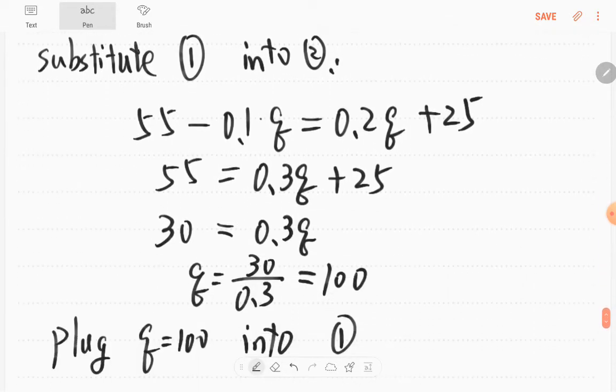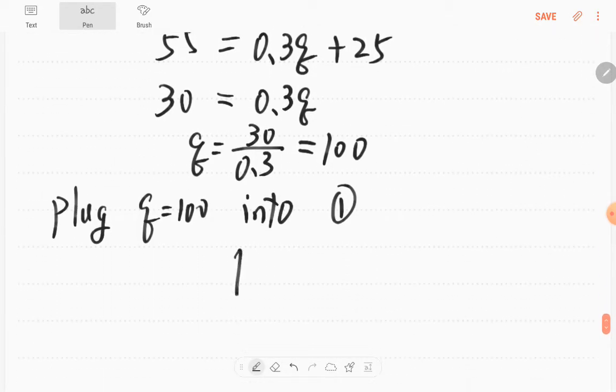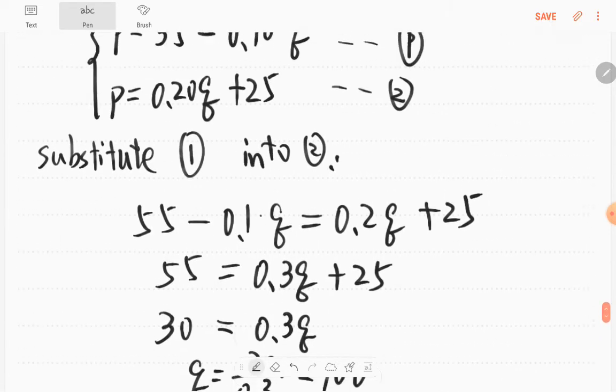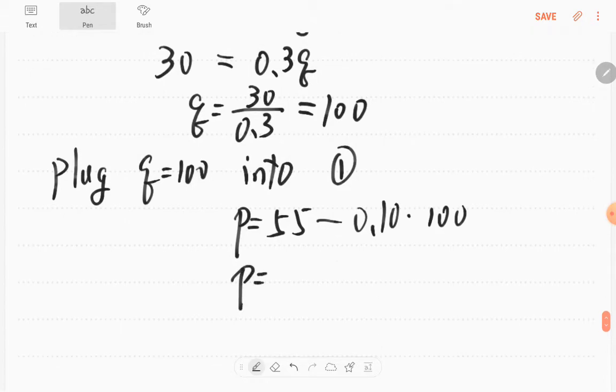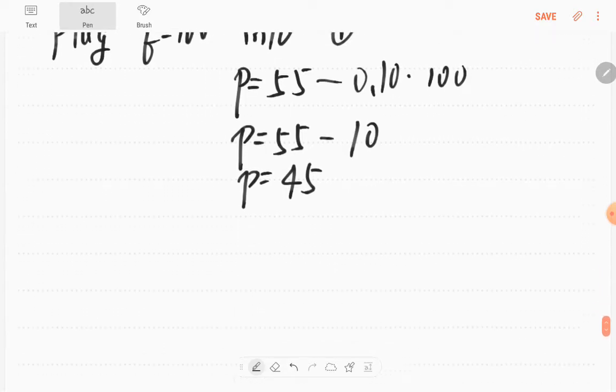Then P is equal to 55 minus 0.10 times 100, so P is equal to 45. So $45 is the equilibrium price.